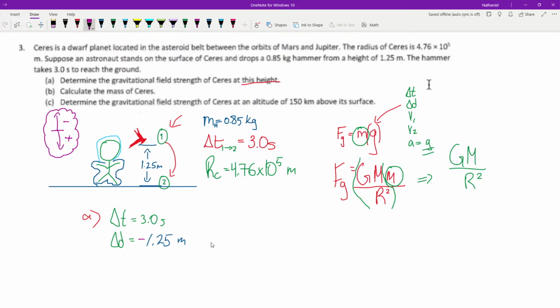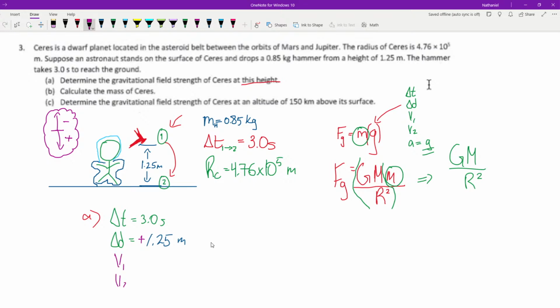You might find it hard the way I make my life easy, but I'm going to do it. I'm going to make down positive because everything's happening down here, right? And my G value is going to be bringing me down too. So let's make it positive, bringing me down. All right, so delta T, delta D, we have our 5 equations.